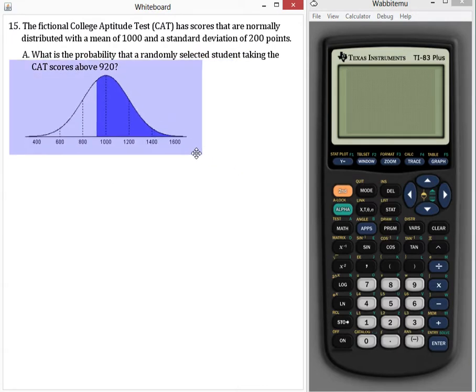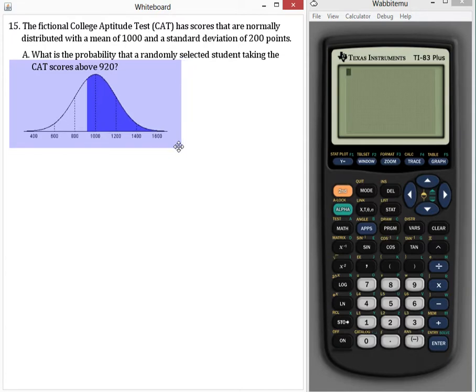Now, if you'll notice, I drew my normal distribution so that the 1,000 was right down the center, and then I marked everything off by 200s. I estimated where 920 would be, and I've shaded to the right because I want the probability that the person scores above 920.